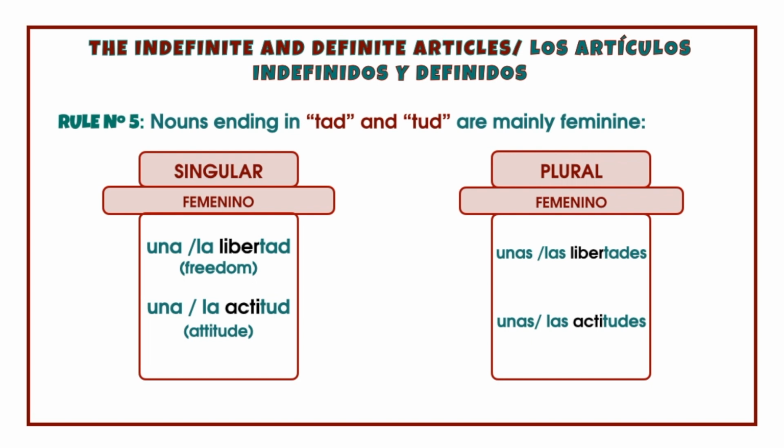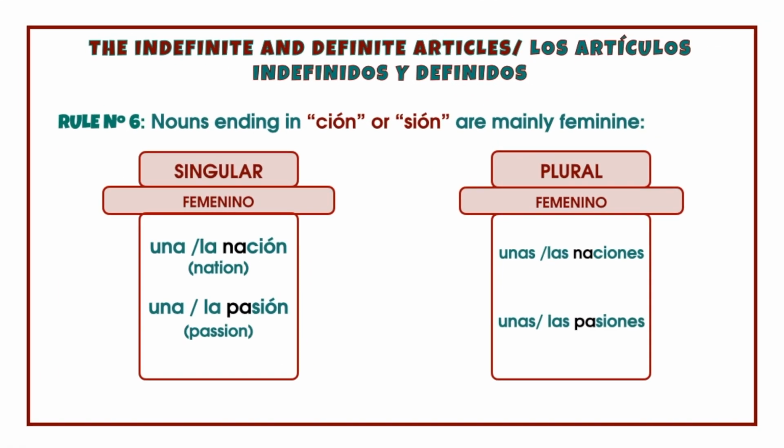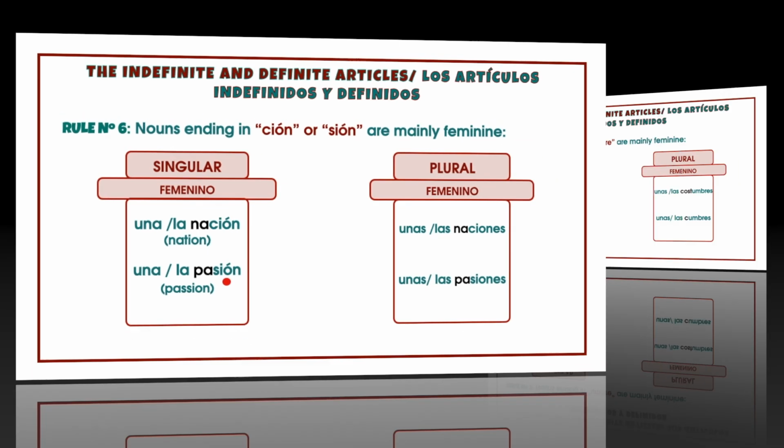For example, la libertad or la actitud, and their plural forms. Rule number 6. Nouns ending in ción or sión are mainly feminine. For example, la nación or la pasión.